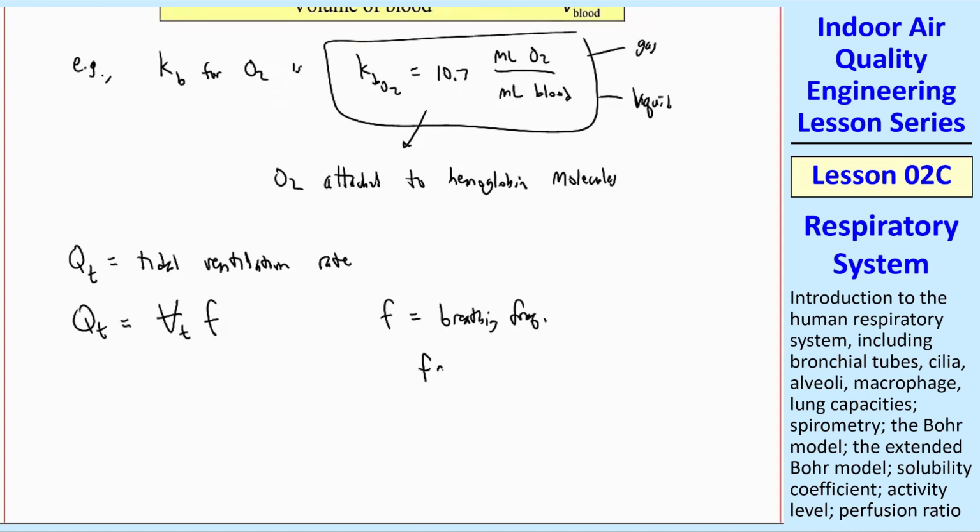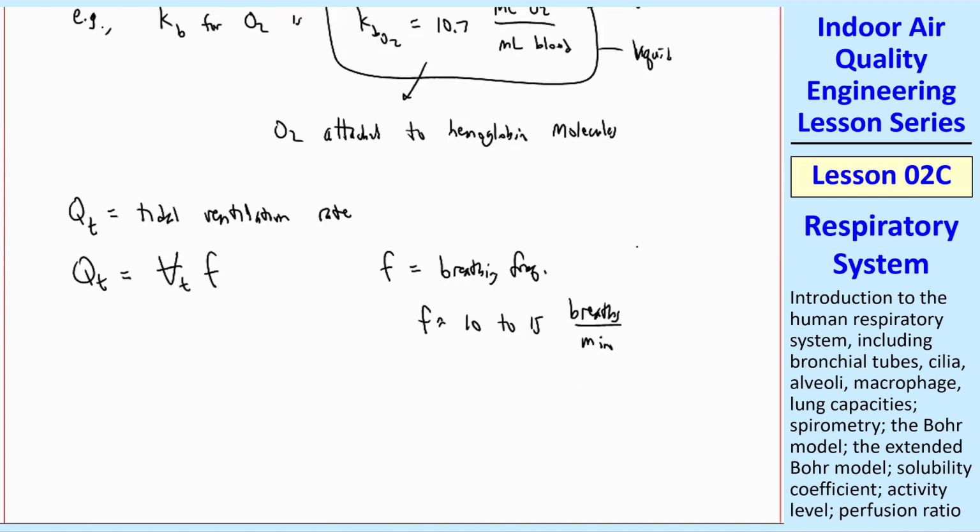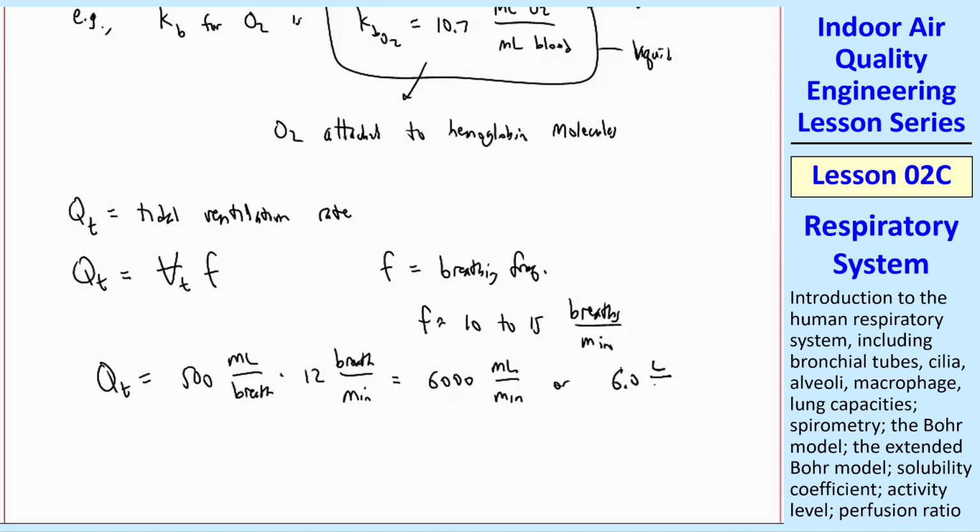So F for a typical person sitting still is around 10 to 15 breaths per minute. And so QT for a typical person would be 500 milliliters per breath times F, say an average of 12 breaths per minute, which is equal to 6,000 milliliters per minute, or 6.0 liters per minute.